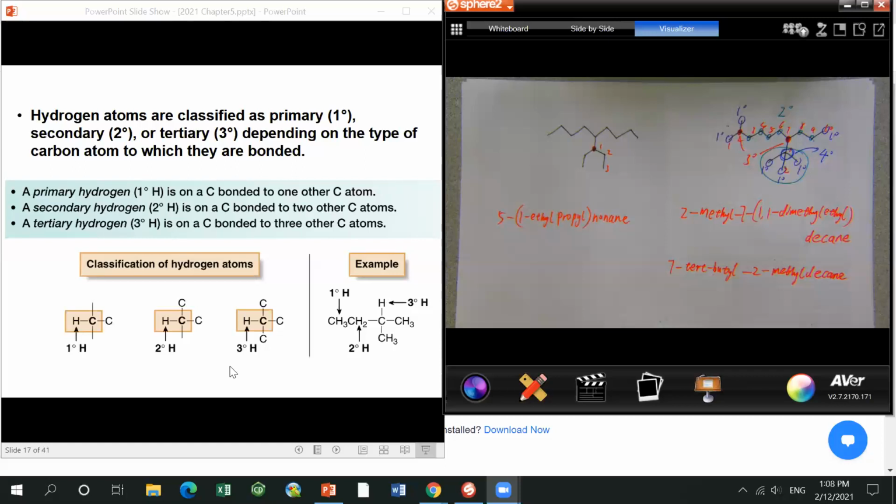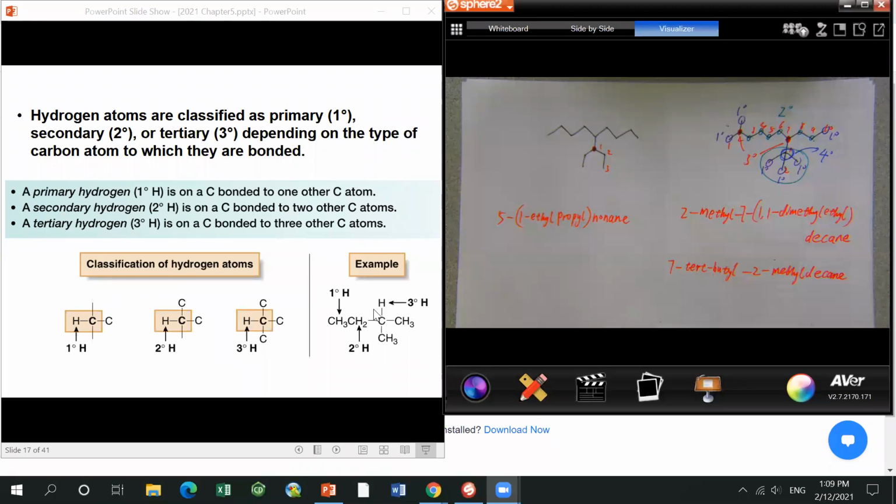Primary hydrogen is pretty much CH3. We just look at which carbon is attached to the hydrogen. If it is a primary carbon, the hydrogen is a primary hydrogen. If the carbon is a secondary carbon, it becomes a secondary hydrogen, normally CH2. If the hydrogen is attached to a tertiary carbon, it becomes a tertiary hydrogen, normally just CH.